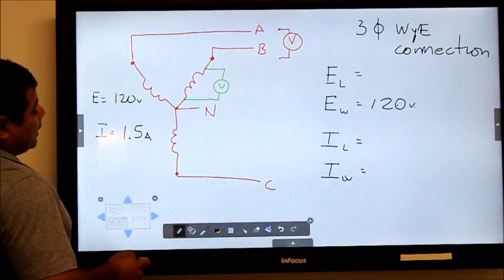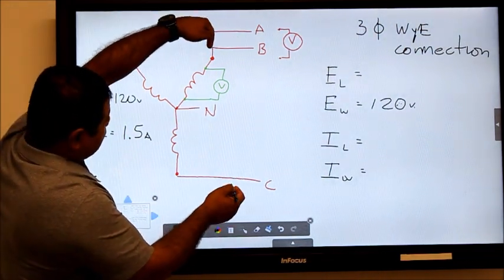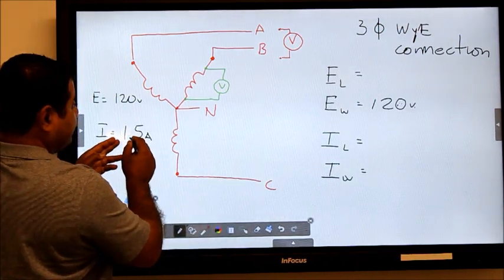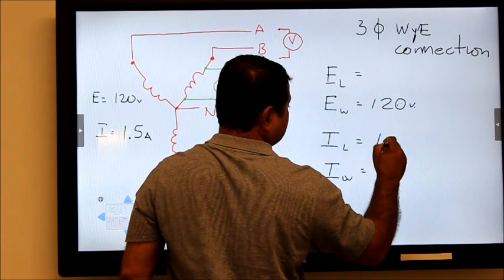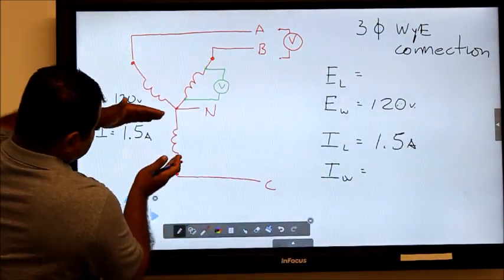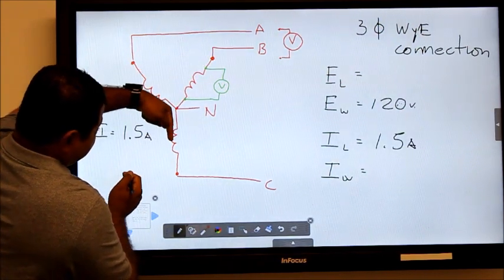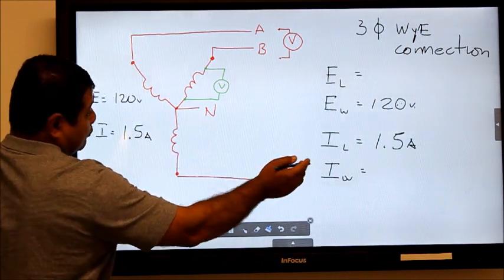So the winding voltage is 120 volts. But now let's look at the current. If I look at the current as it travels from B to C, the current has only one current path, okay? So that gives me 1.5. So the line-to-line current is 1.5 amps. And if I look at the current on each individual winding, it was 1.5 over here, and 1.5 right there. Remember, these pretty much are in series, so it stays at 1.5.